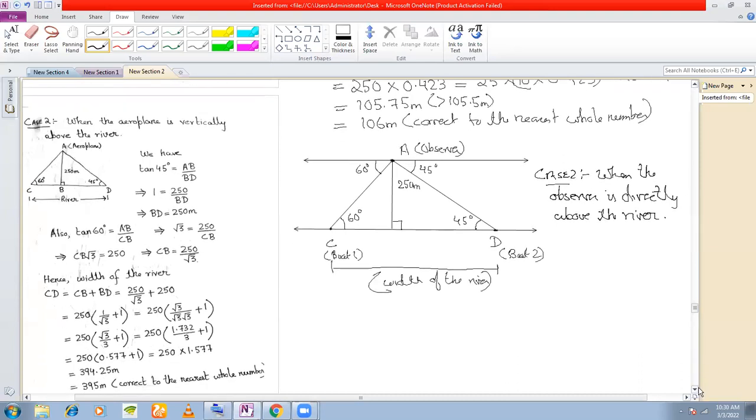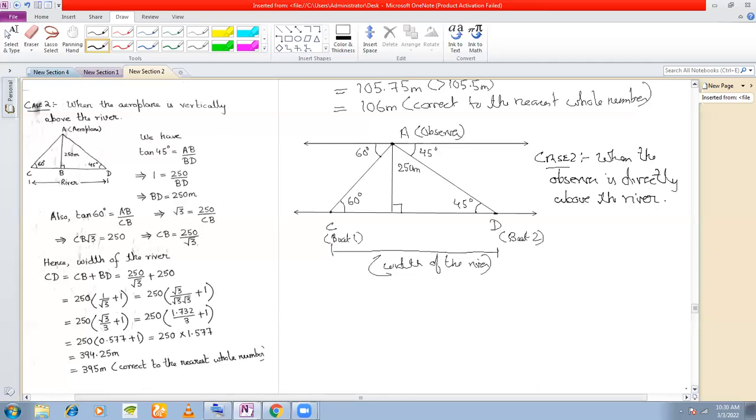This kind of diagram you have done; I think it is the type 2 diagram which we have discussed earlier. So let's call this point B, and let's now proceed to find out. Consider this right angle triangle ABC. In triangle ABC, we have tan 60° is equal to AB by BC.